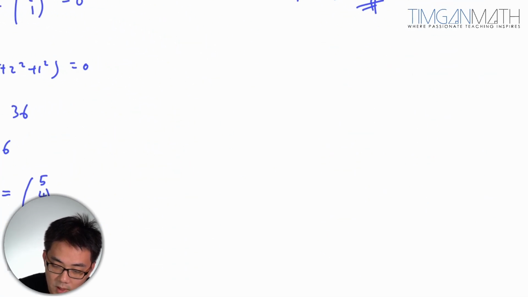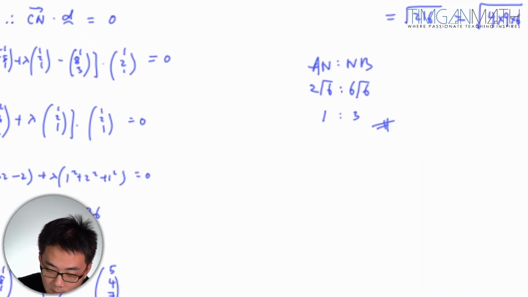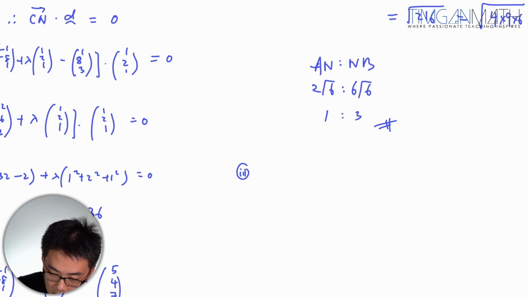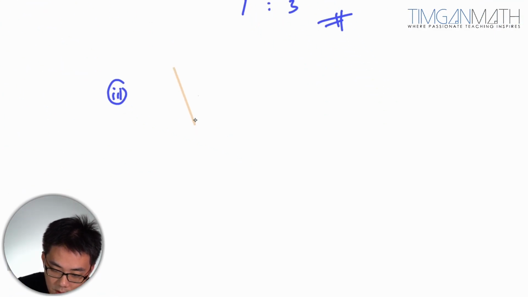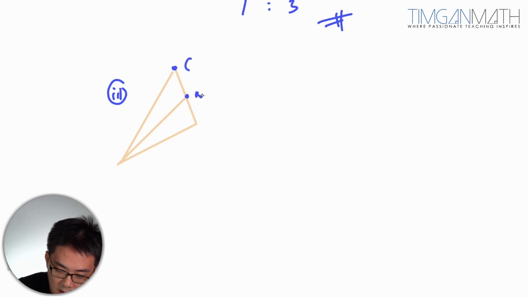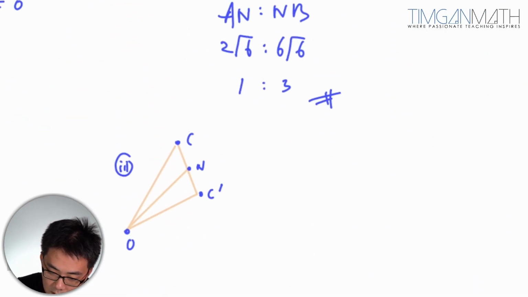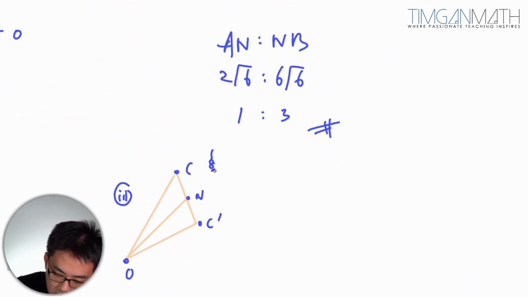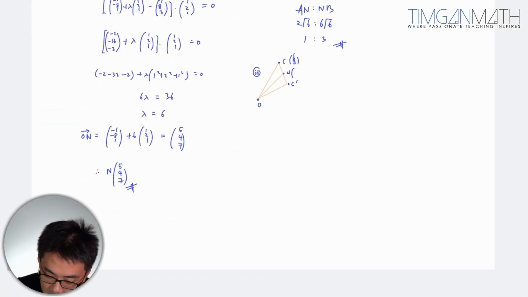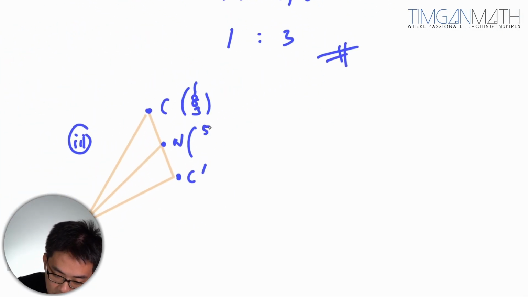Okay. So from here, this is part 3, right? I'm just drawing arbitrary stuff here. So I know that this is my C, this is my N, and this is my C prime. This is my O. C is 183. N is actually 547.